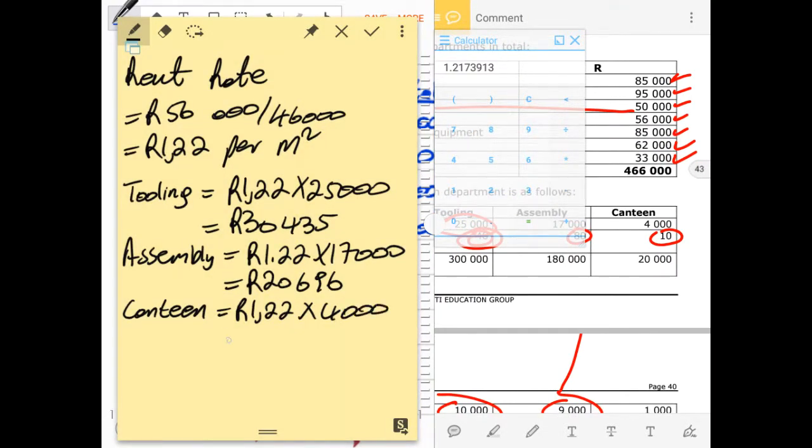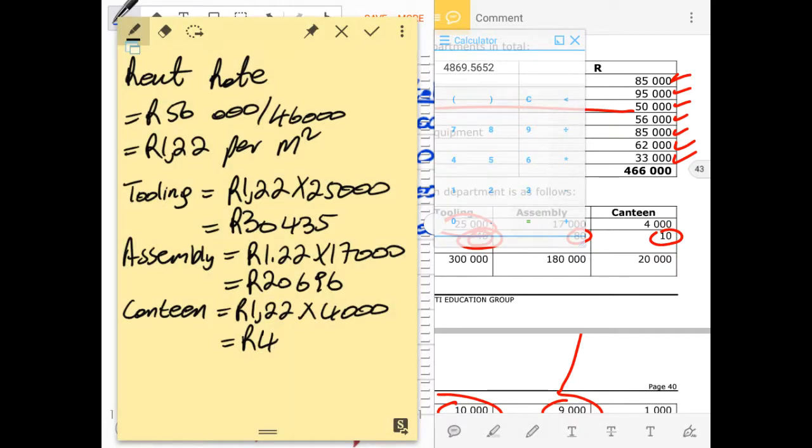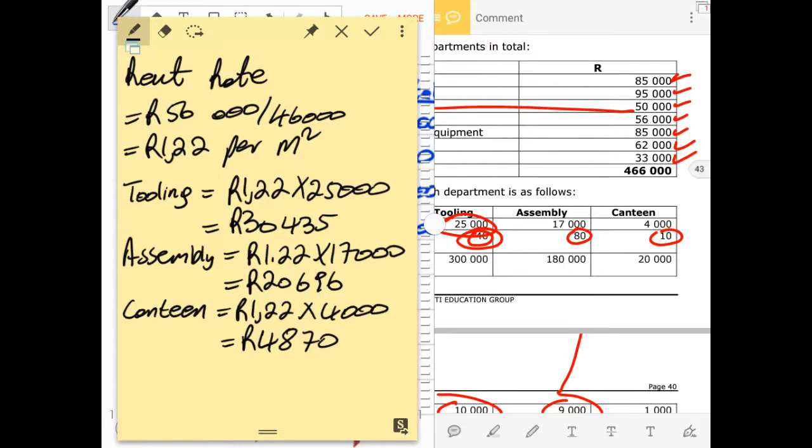The canteen only occupied 4,000 of the space in the building. That is 4,870. 4,870 is the total to be allocated in the canteen department.